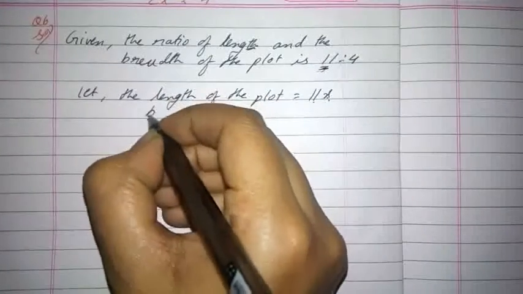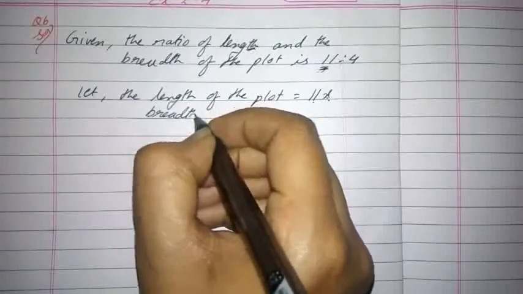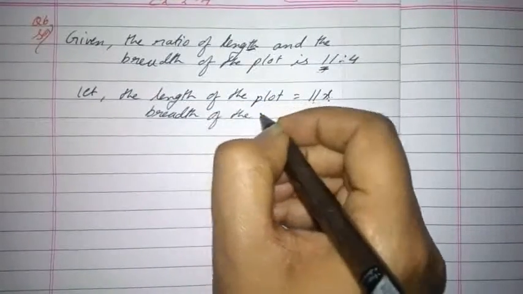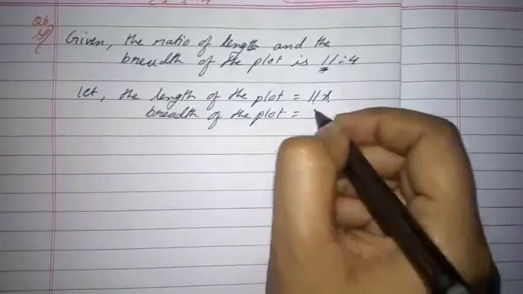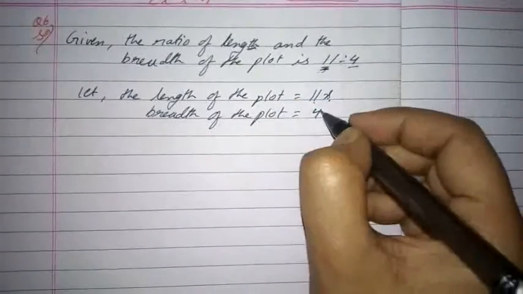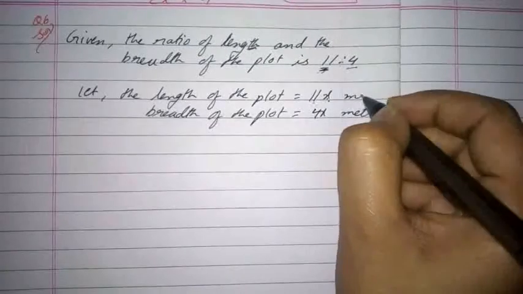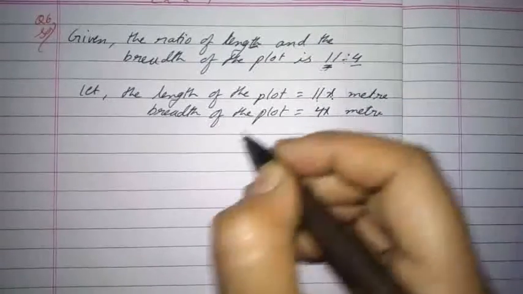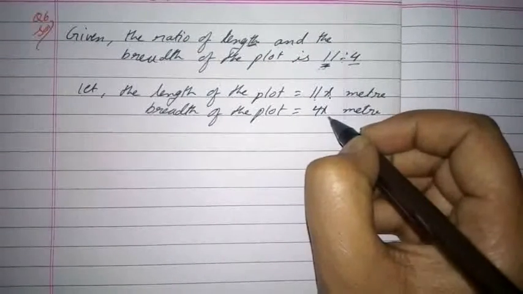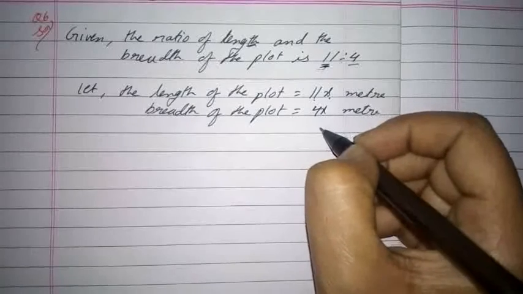Then the breadth of the plot is 4x, and it is in meter, because the rate is given in rupees 100 per meter.